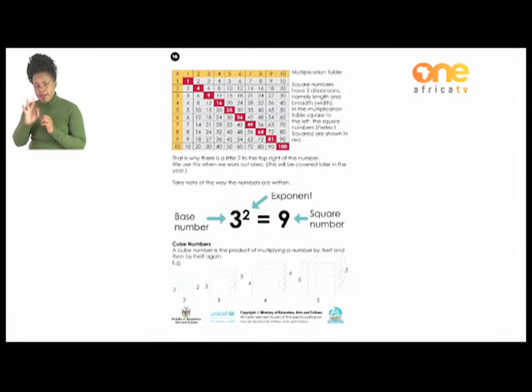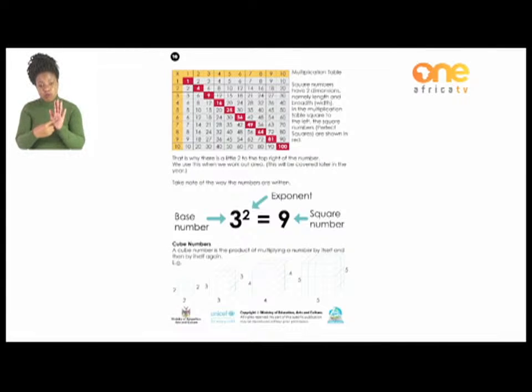We are done with the square numbers, so we have to go to the cube numbers. To read through the cube numbers: a cube number is a product of multiplying a number by itself and then by itself again. So that number has to appear 3 times.